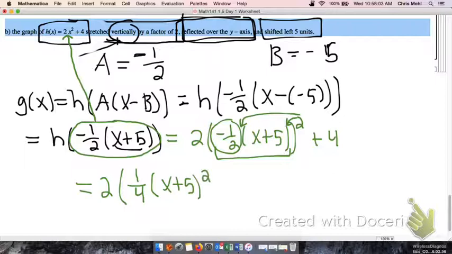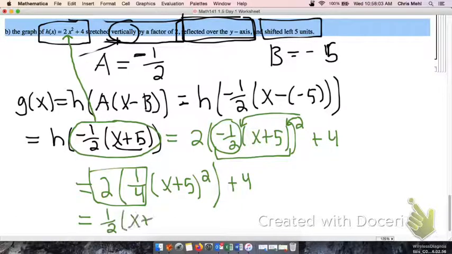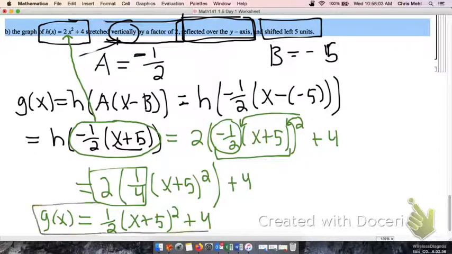So I squared the negative 1/2 and I squared the x plus 5, and I still have the plus 4 on the outside. And then the last thing I'm going to do, and you'll see why I'm going to leave it in this form when we talk about quadratic functions. The only thing now that I have to do is multiply 2 and 1/4 to get 1/2. I still have x plus 5 squared, and then I have plus 4. That is my algebraic expression for g of x.